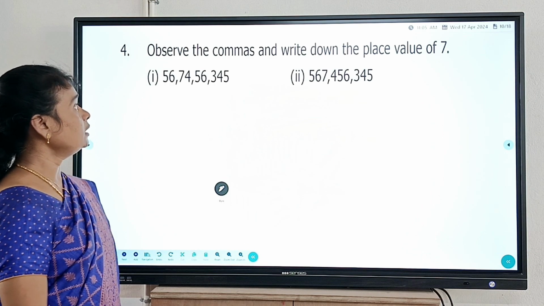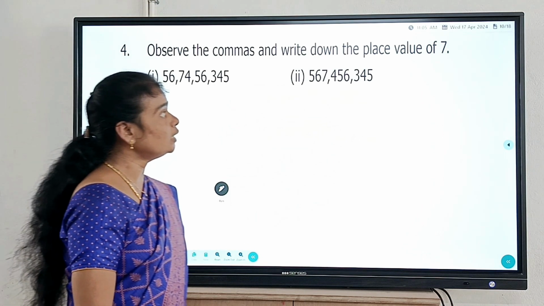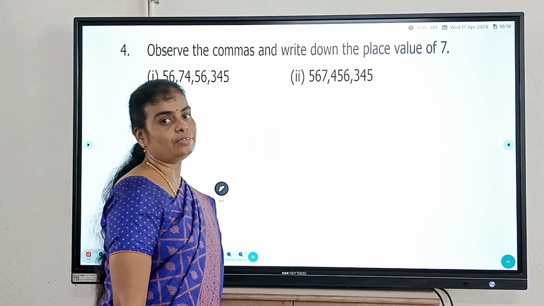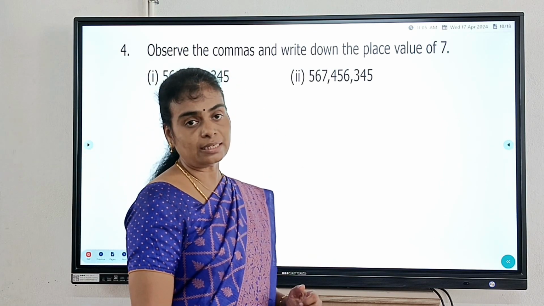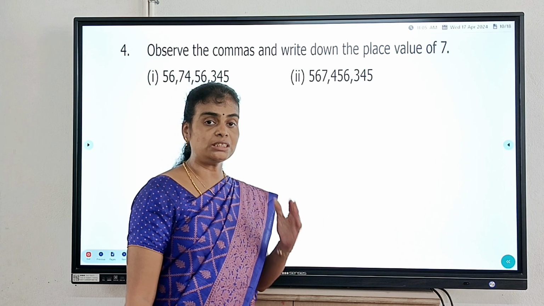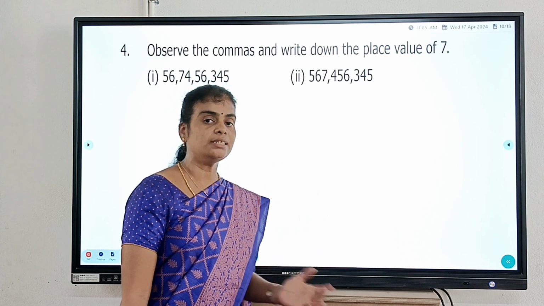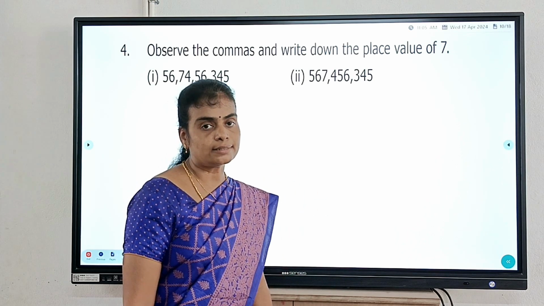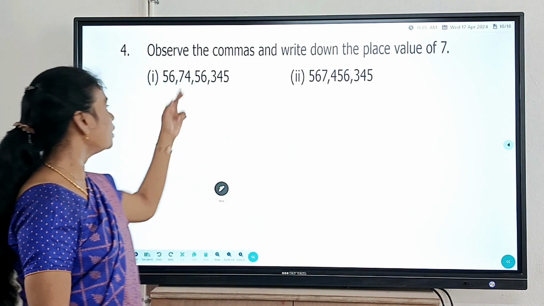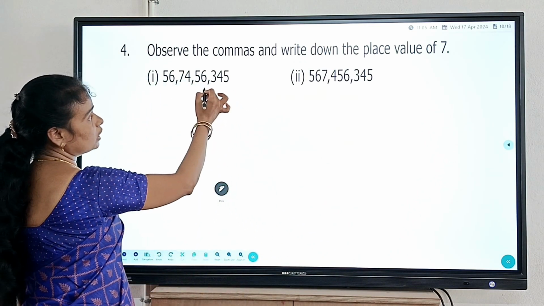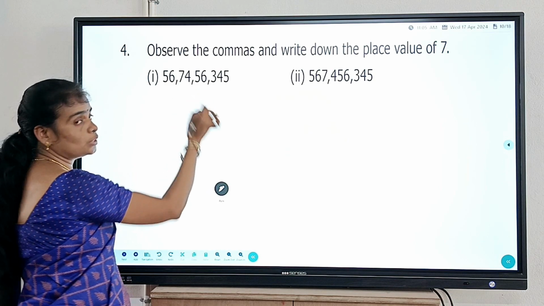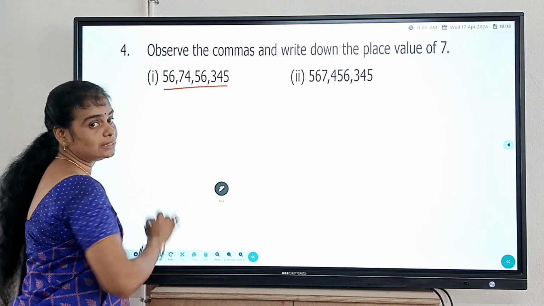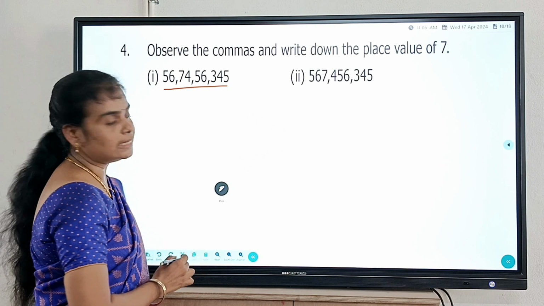The next question: observe the commas and write down the place value of 7. The reason they are asking us to observe the commas is that we have to find out in which system the number is written, whether in the Indian system or in the international system. So the first one, after 3 digits 1 comma is placed, then after 2 digits 1 comma, again 2 digits 1 comma. So what system is this? Yes, it is the Indian system.